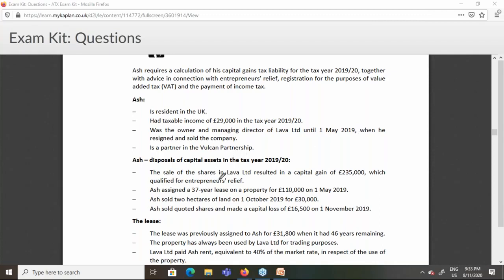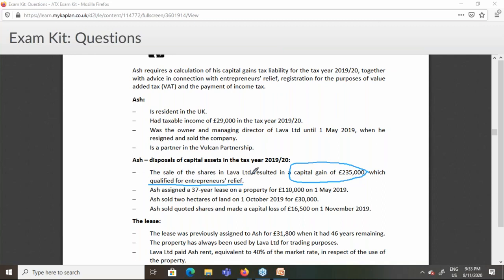Now, the sale of shares in Lava Limited resulted in a capital gain of 235,000, which qualified for entrepreneur's relief. In this instance, we don't have to waste our time to find out whether the share disposal qualifies for entrepreneur's relief. However, as I mentioned previously, for you to claim the entrepreneur's relief on a share disposal, you have to satisfy 3 conditions. 1, it has to be a personal trading company where you own at least 5% of the ordinary share capital.